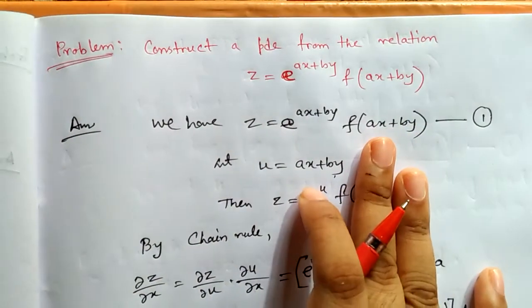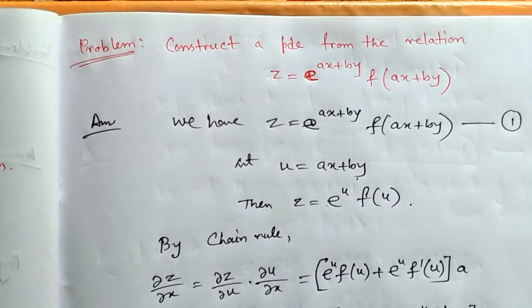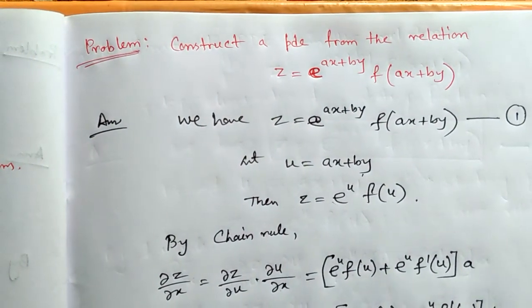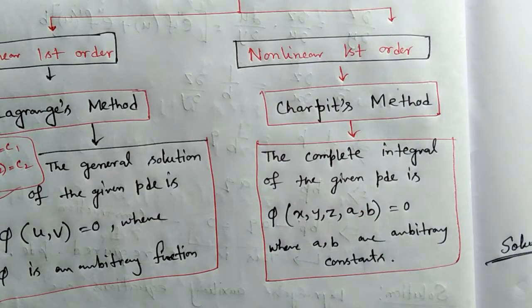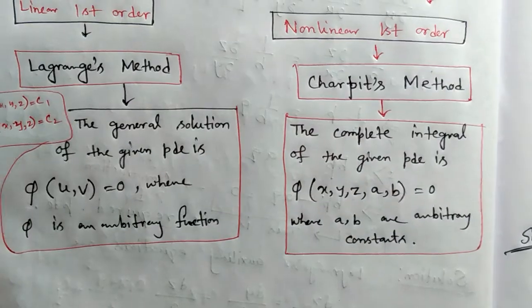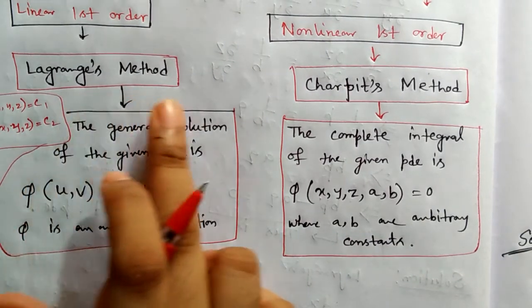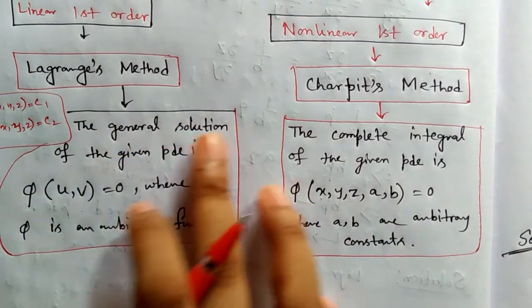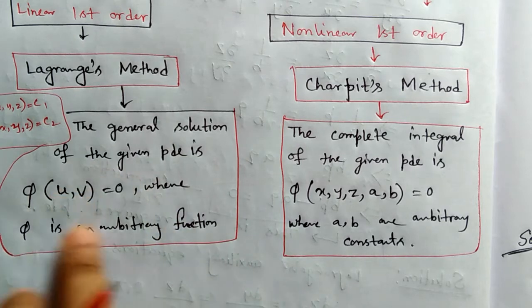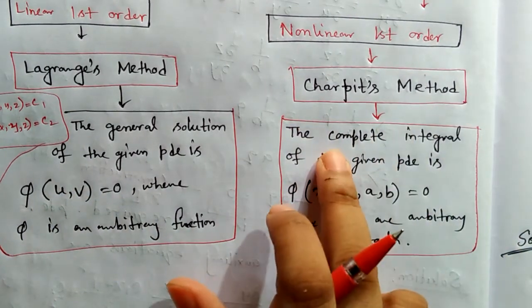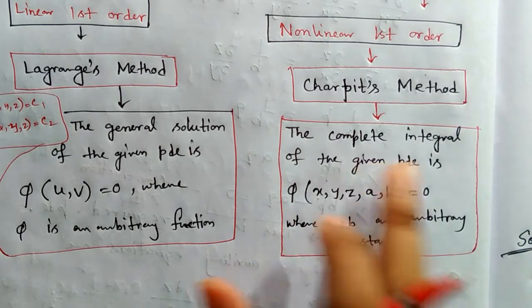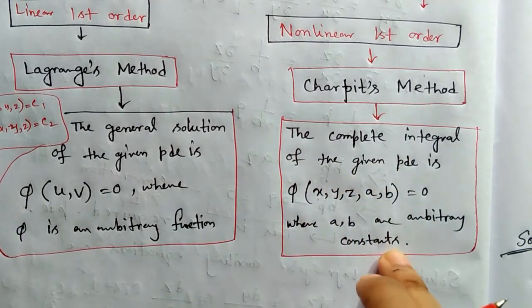Yes, so this is our observation. The first one and the last one have a relation. And the second observation is, in the case of Lagrange's method, we get the general solution of the given PD like this, and in the case of Charpit's method, we get the complete integral of the given PD like this.